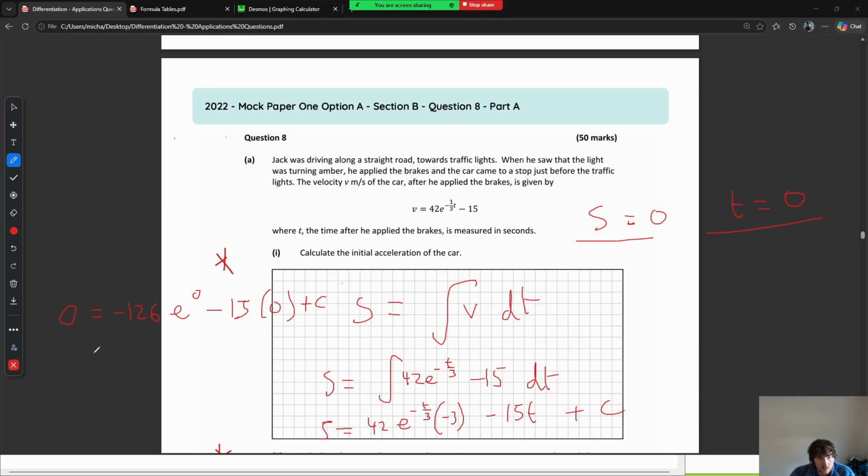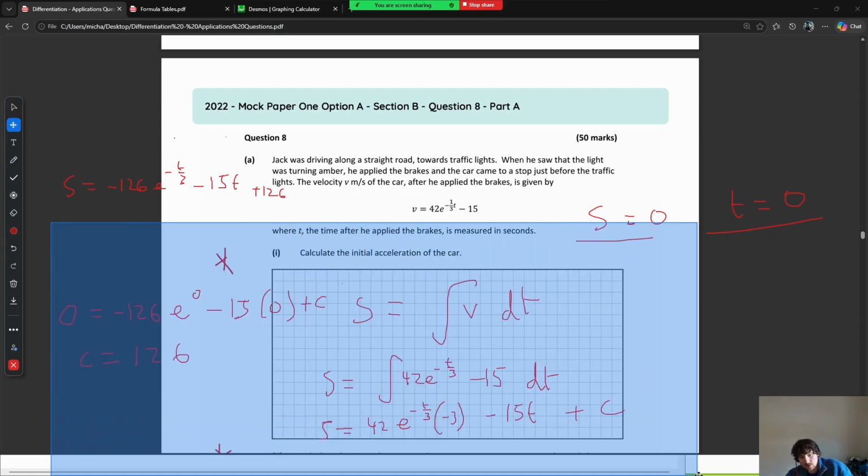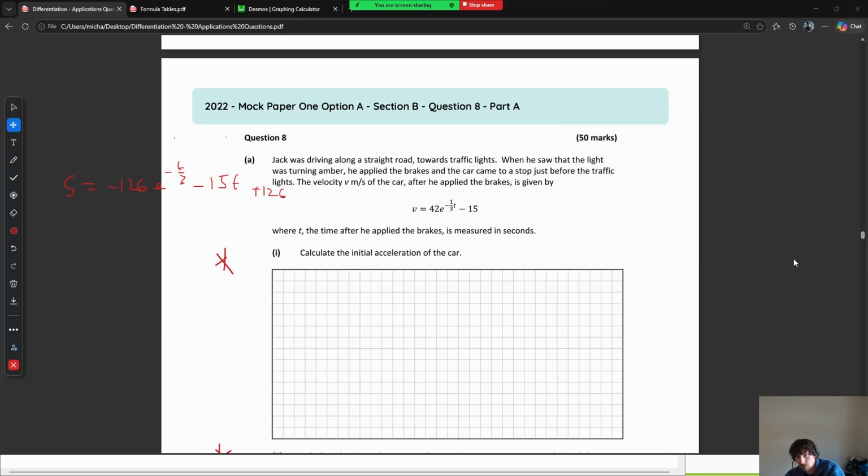So then we're seeing that c is equal to 126 because this is 126 times 1, and you bring it over, it becomes plus 126. So our expression for s is equal to minus 126 e to the minus t over 3 minus 15t plus 126. Okay, so that's your expression, and then that has units of meters.